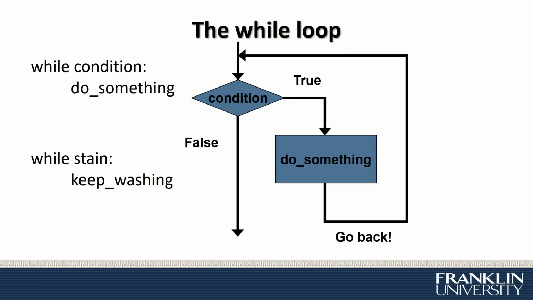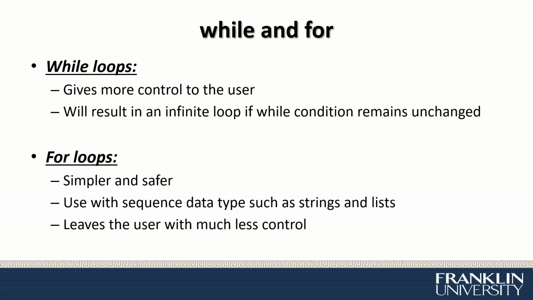So while loop: while some condition is true, do something. Like when you're washing clothes, while there's a stain, keep washing until it's clean. It's very natural and mimics everyday repetitive conditions. So while loop gives more control to the user, and it might result in an infinite loop if the condition remains unchanged.